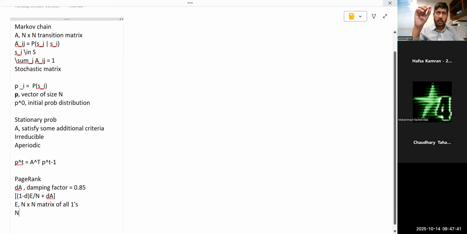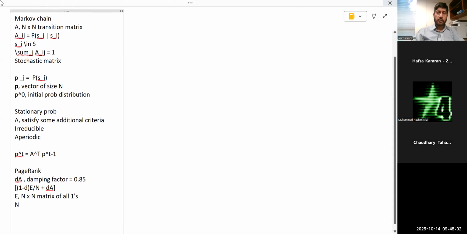So this matrix E over N would have values of 1 over N. In the case of the graph that I showed, all of these values will be 1 over 6. So 1 over 6 को 0.15 से मल्टीप्लाई करके ओरिजिनल d into A में ऐड कर दिया. And now you apply the power iteration and it will converge.